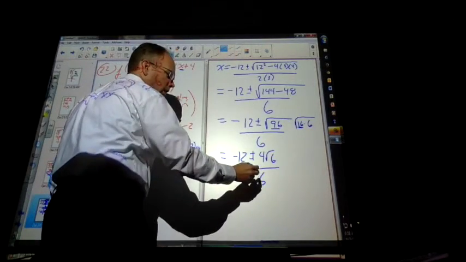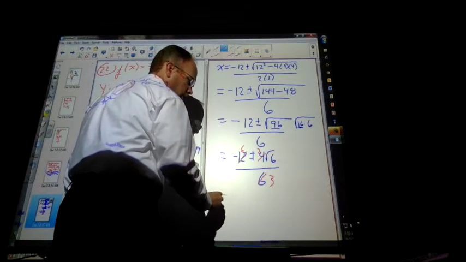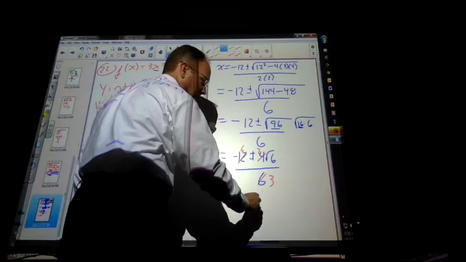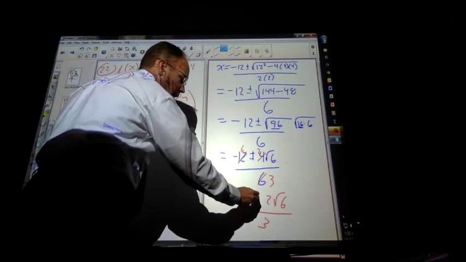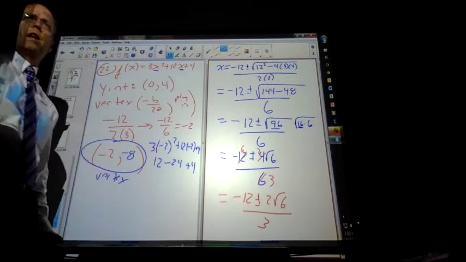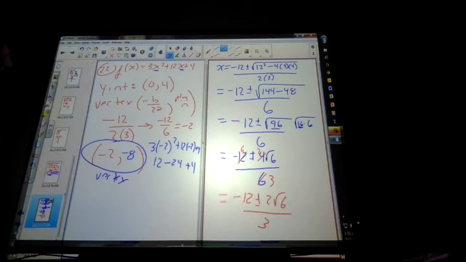Reduce the fraction. So 2 goes in here, 2 goes in here, 2 goes in here. So this is where it's going to cross the x-axis. Negative 12 plus 2 root 6 divided by 3, and negative 12 minus 2 root 6 over 3 is where it crosses the x-axis. Do we really know where this crosses the x-axis?